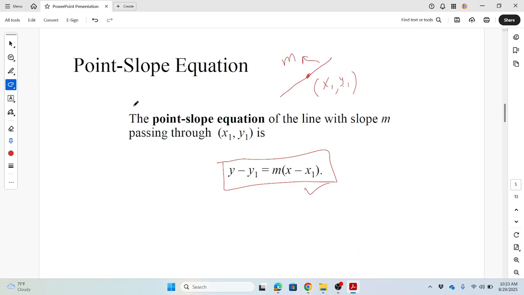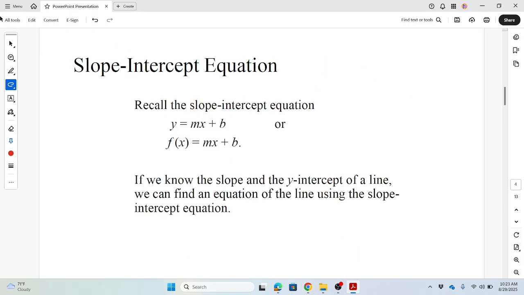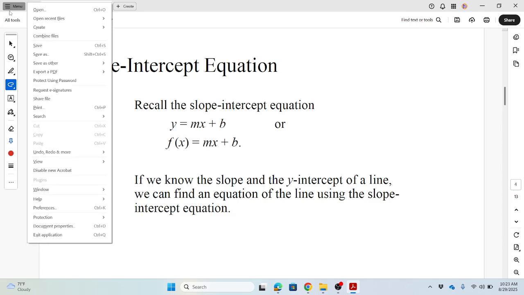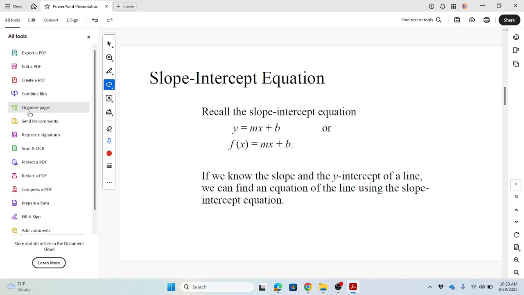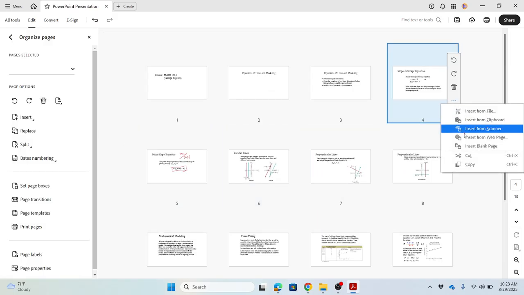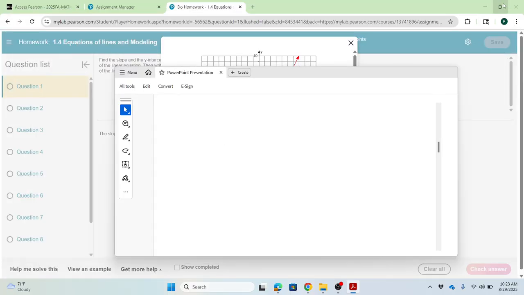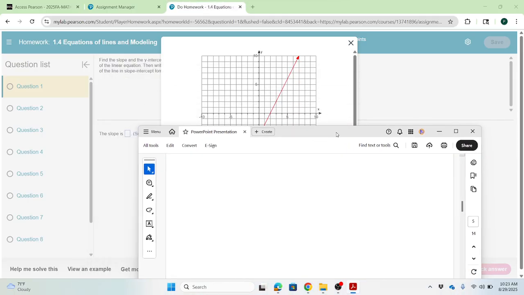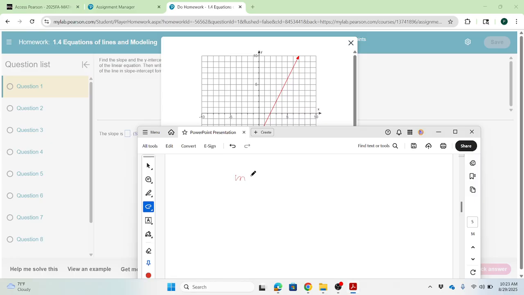Our job is to find the equation of the line. We need the slope, so that's the reason we're trying to find the slope here. Let me just add one extra blank page here. What is the slope? We know the formula for the slope is y2 minus y1 over x2 minus x1.